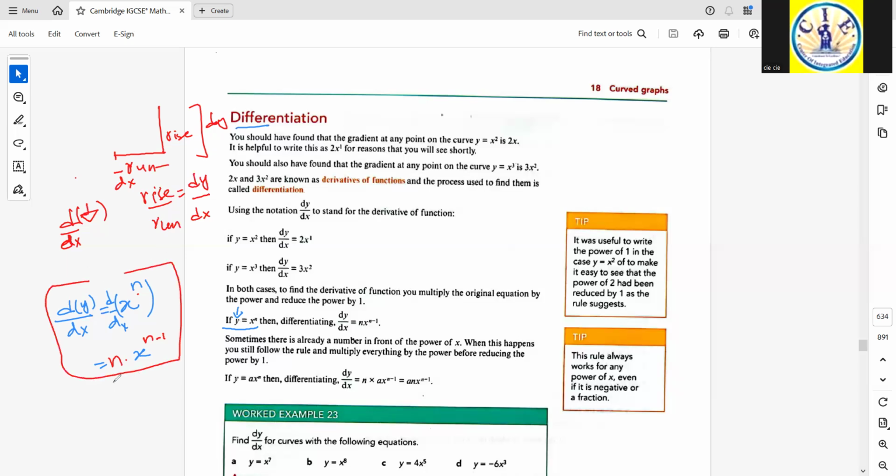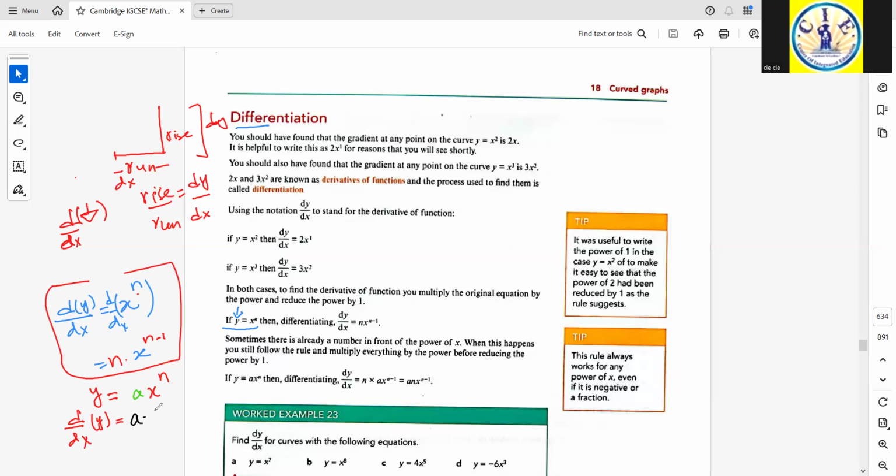This rule is also applicable when there is a non-zero coefficient of x. For example, if we have a times x raised to power n equal to a variable y, when we differentiate it with respect to the variable x, we write dy by dx, and this coefficient a would remain intact as it is.